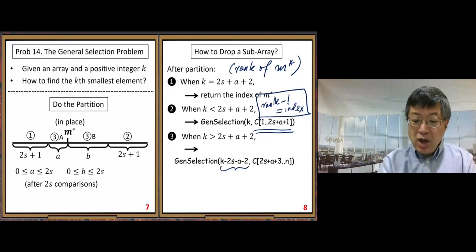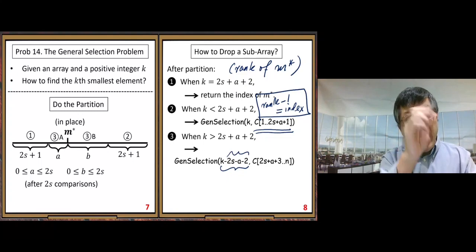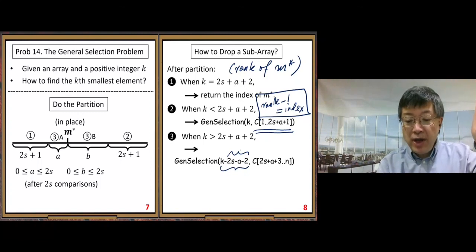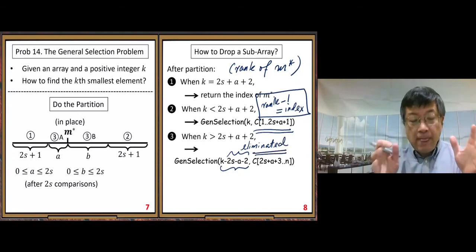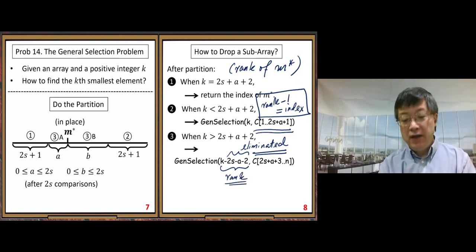When you drop M star, we reduce the rank number k by 2s plus a plus 2. So all these elements are eliminated. After elimination, we update the rank number. New rank number.